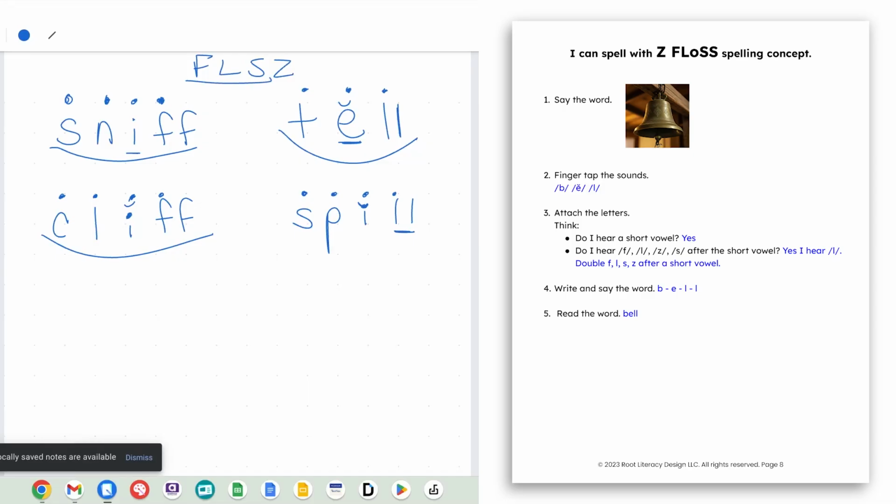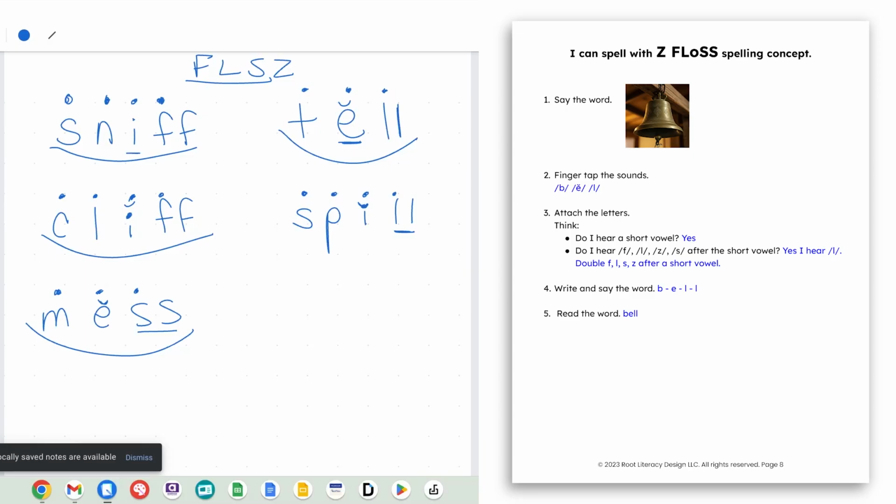Let's try a couple more. The word is mess. M, E, S. Attach the letters. M, what says E, S. And I heard that short E there, so I'm going to double the S, and the word is mess. The next one I'll do is frizz.